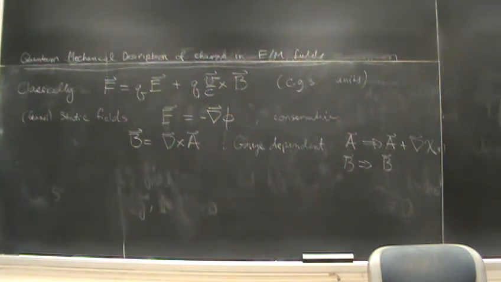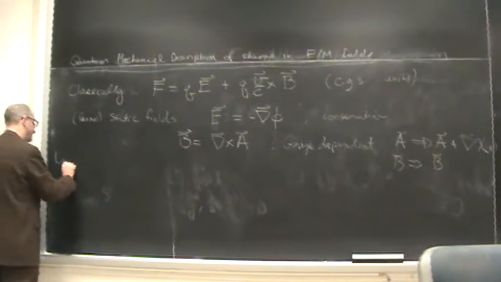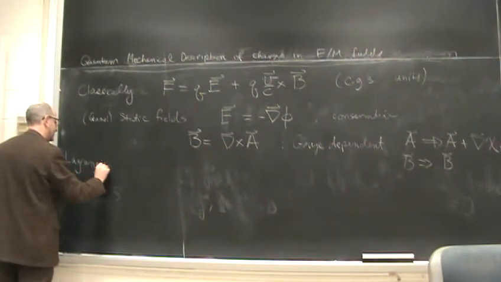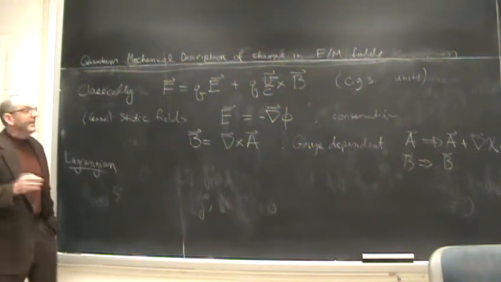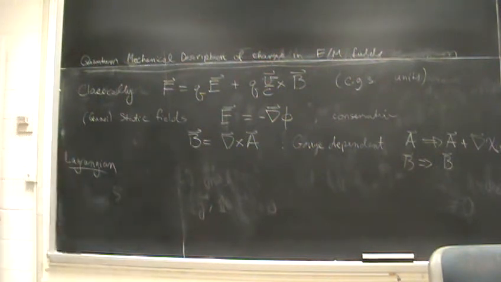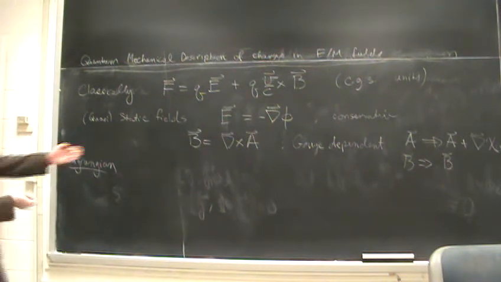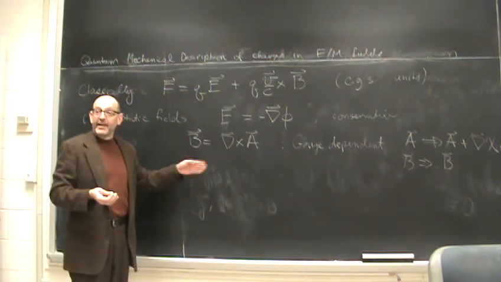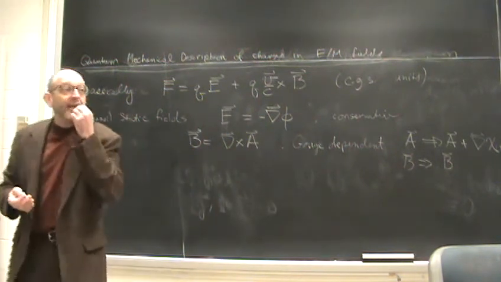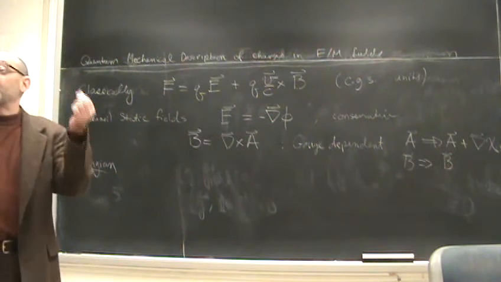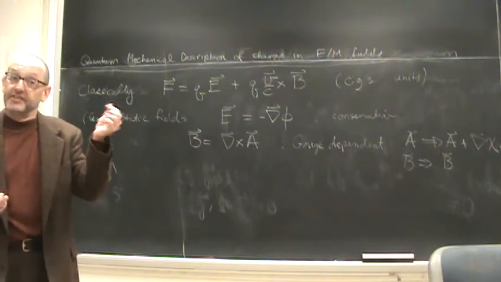All right, the way we can do it is to start with the Lagrangian. Well, we can't just write down kinetic energy minus potential energy, because there is no potential for the magnetic field. However, there is a piece we can write down in the Lagrangian which does the trick.